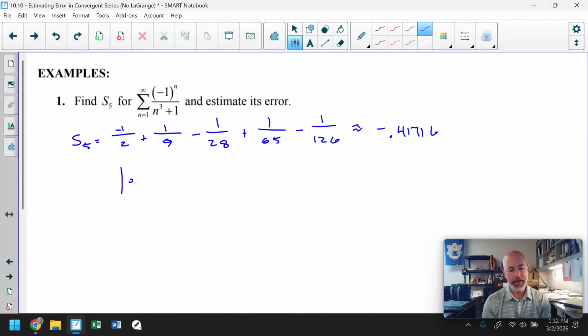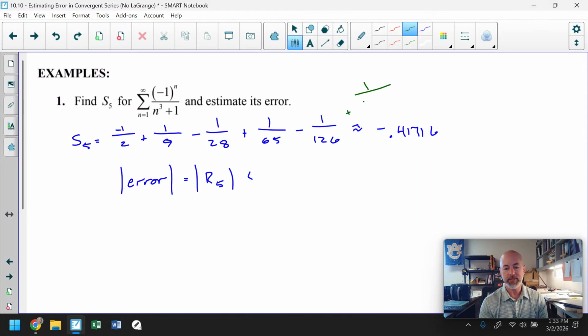Okay, and then the question is, what is the error? The magnitude of the error, and in this case you could say the remainder in using those first 5 terms, is less than your very first omitted term. So what term did I not include first? Well, my next term would be 1 over 6 cubed plus 1, and 6 cubed is 216. Holy cow, it's 216, right? 36 times 6, yeah, 216, wow. And so that plus 1 is 217.